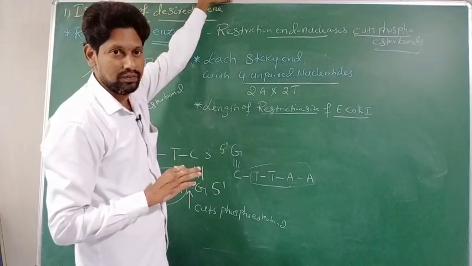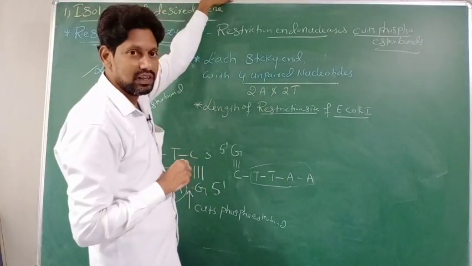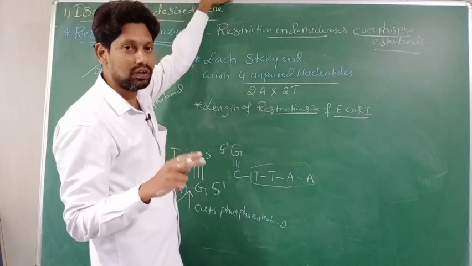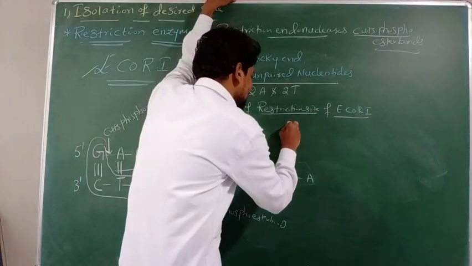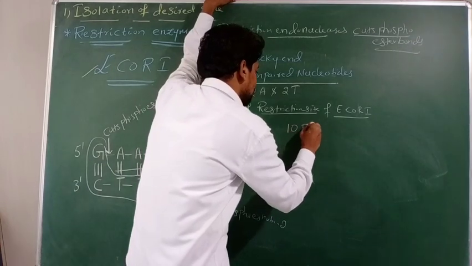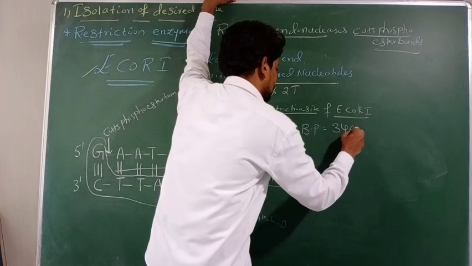Yes or no? Right. In first year we read that 20 nucleotides make 10 base pairs. Therefore, what is the length for 10 base pairs? If 10 base pairs are present, the length is 34 angstroms.